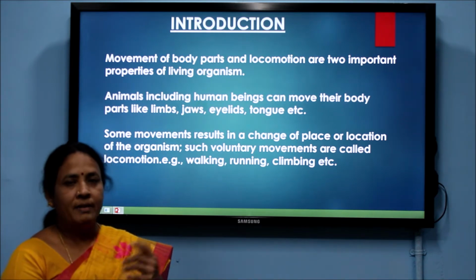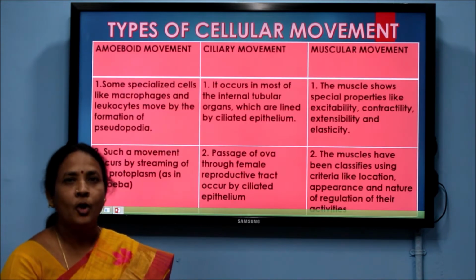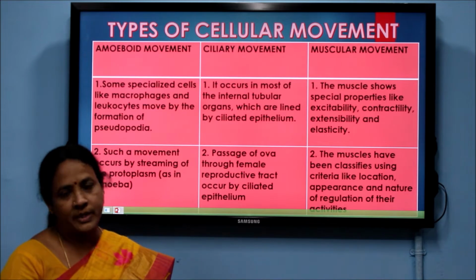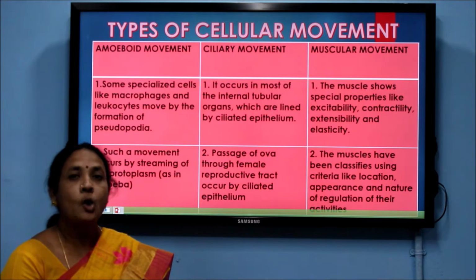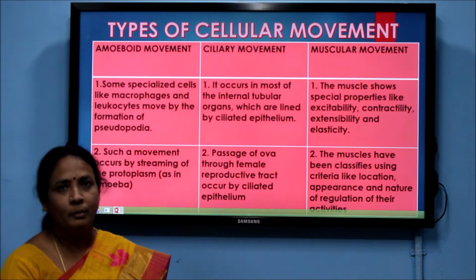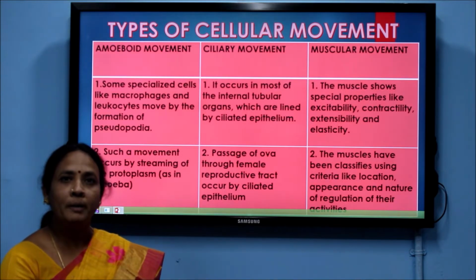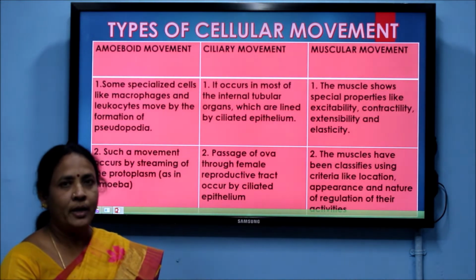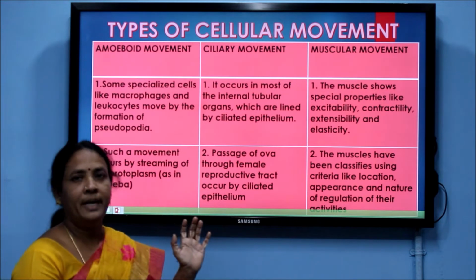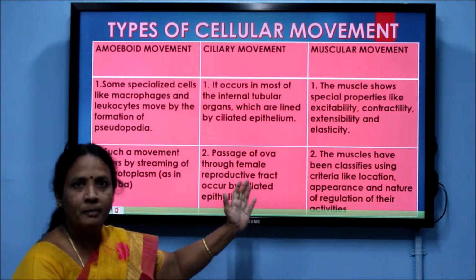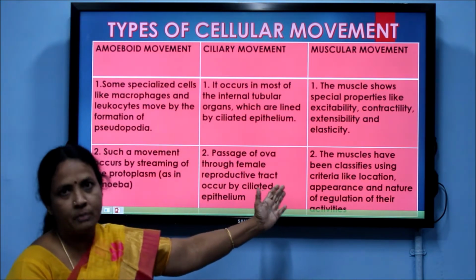Then we will see the types of movement in our cells, how the cell performs movement. There are three types of movement we can see in our body. One is amoeboid movement, second is ciliary movement, and third is muscular movement.